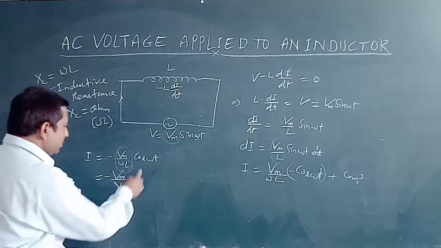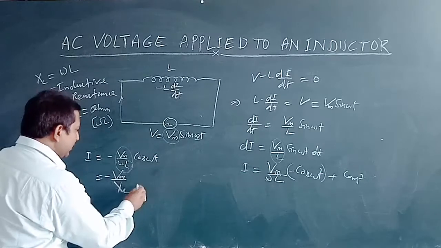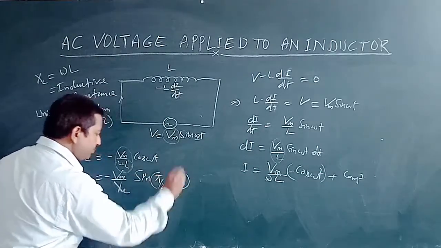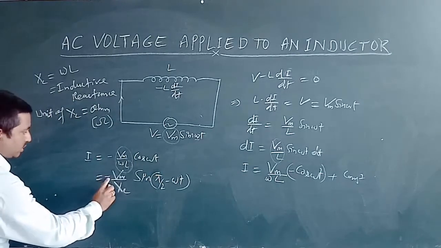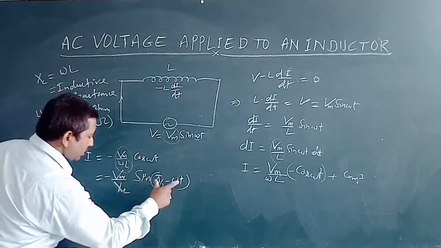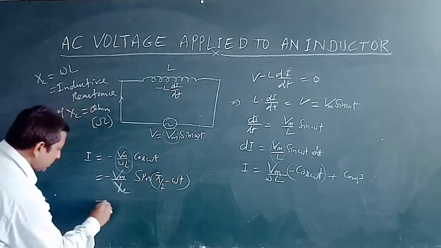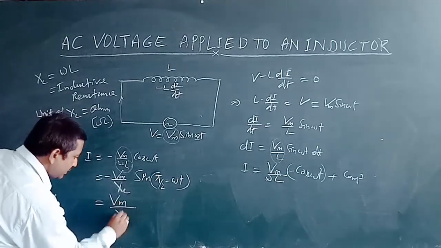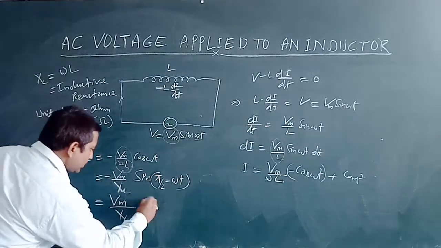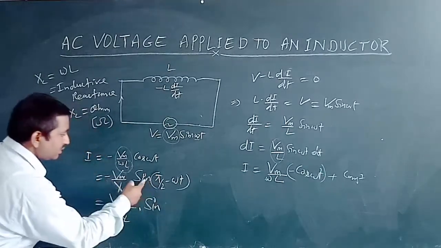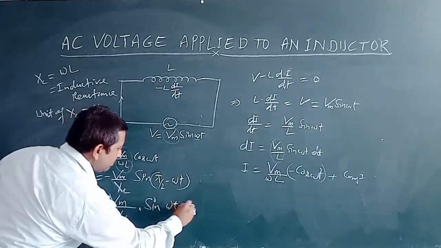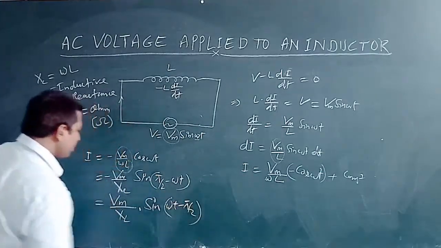If we put cos omega t as sine of pi by 2 minus omega t, and introduce the minus sign inside the argument of sine, we get Vm by XL times sine of minus pi by 2 minus omega t, which means omega t minus pi by 2.